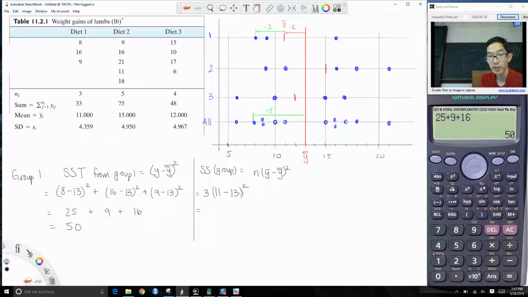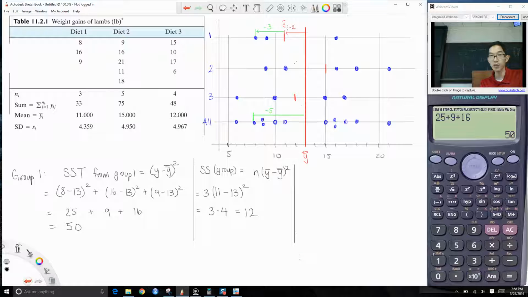So we have 3 times 4, I was like, something doesn't seem quite right. Okay, 3 times 4, and we have a total of 12 here. Is that okay? So this is the sum of squares due to the group.